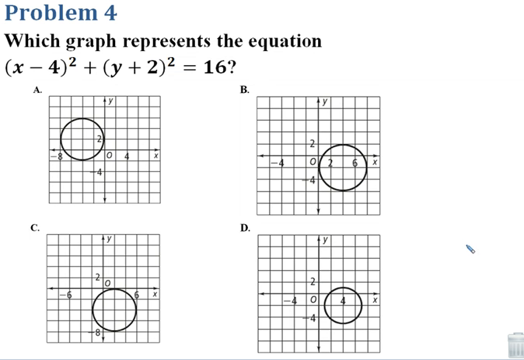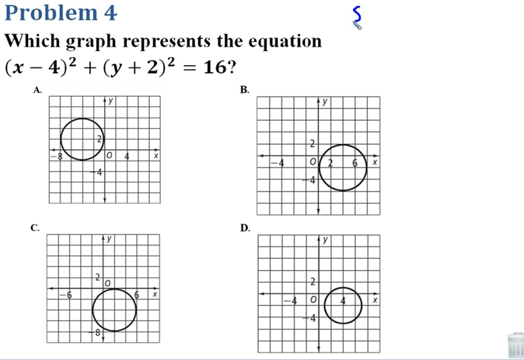Okay, we also looked at a couple problems dealing with circles in the coordinate system. Okay, circles with XY coordinates. Problem 4 asks, which graph represents the equation x minus 4 squared plus y minus 2 squared is equal to 16?